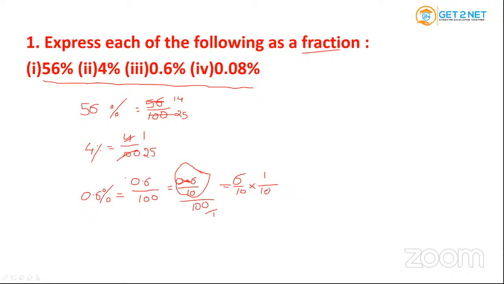Now you can straight away cut from here. 2 into 3 is 6, and 2 into 5 is 10. So the answer will be 3 by 500, right? Yes, ma'am. Where did you get 3 by 1000? Okay, this is 100. Sorry, this is 100.